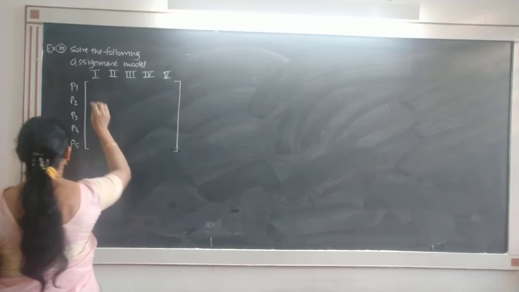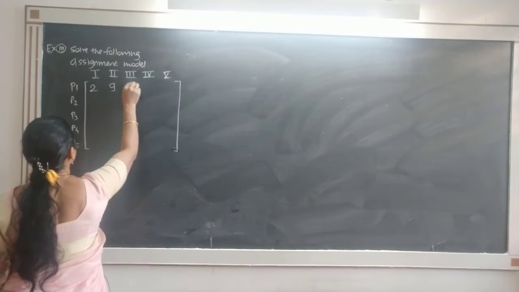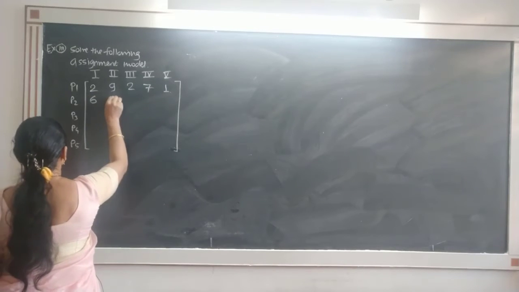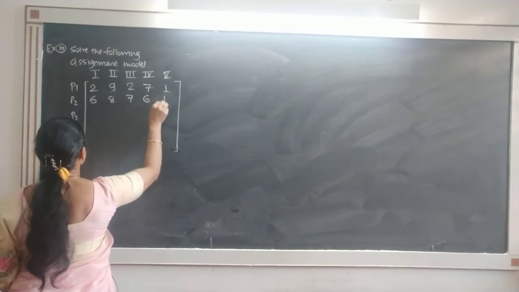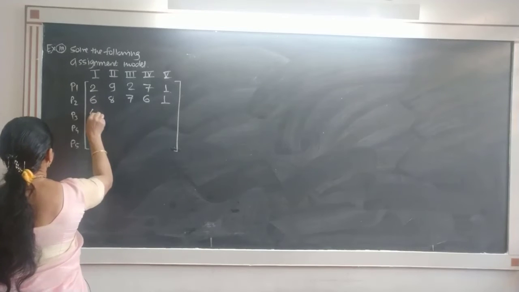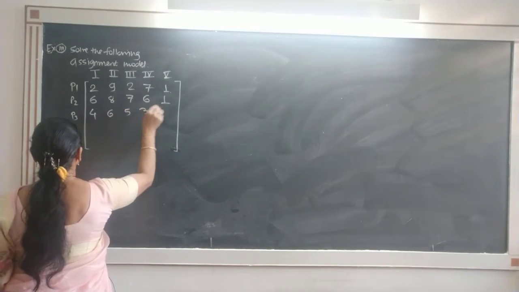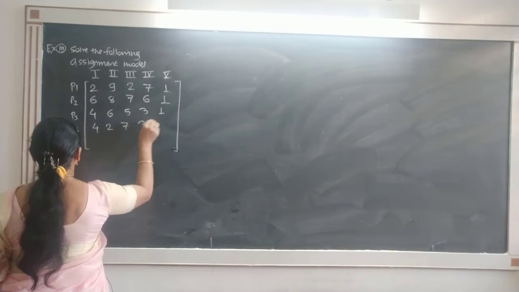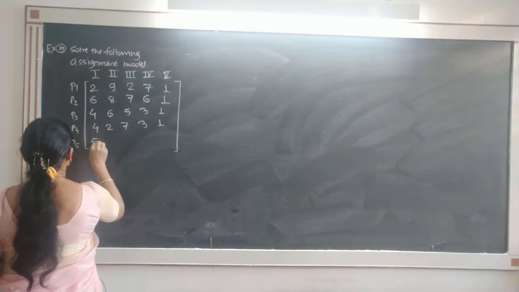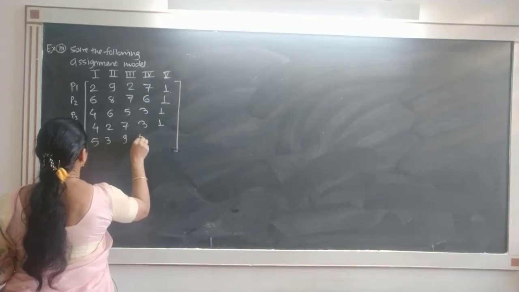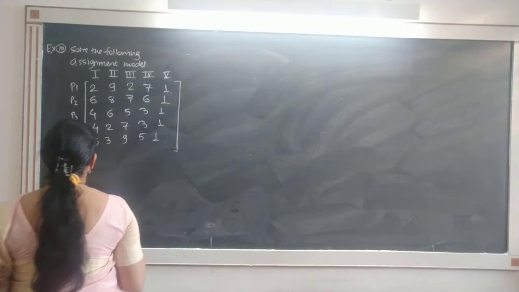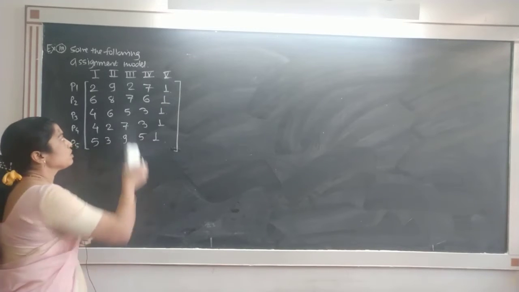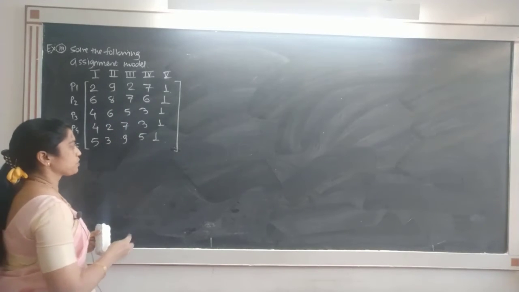The cost is given 2, 9, 2, 7, 1, 6, 8, 7, 6, 1, 4, 6, 5, 3, 1, 4, 2, 7, 3, 1 and 5, 3, 9, 5, 1. So observe that these 5 persons we want to assign to these 5 jobs.